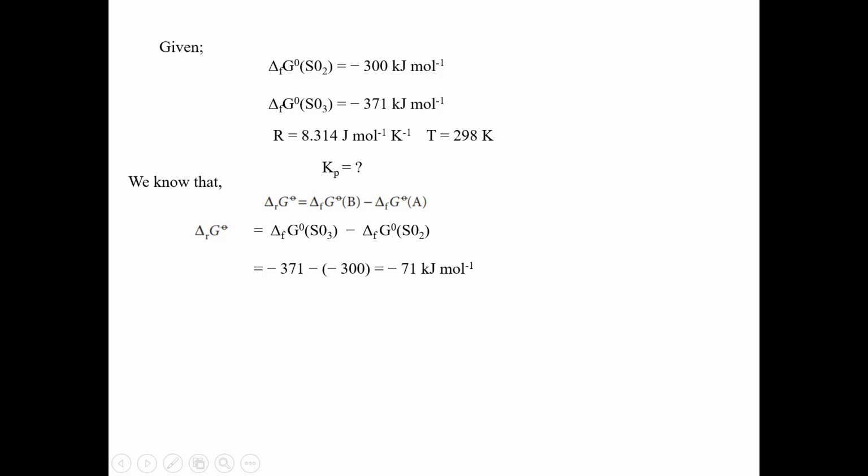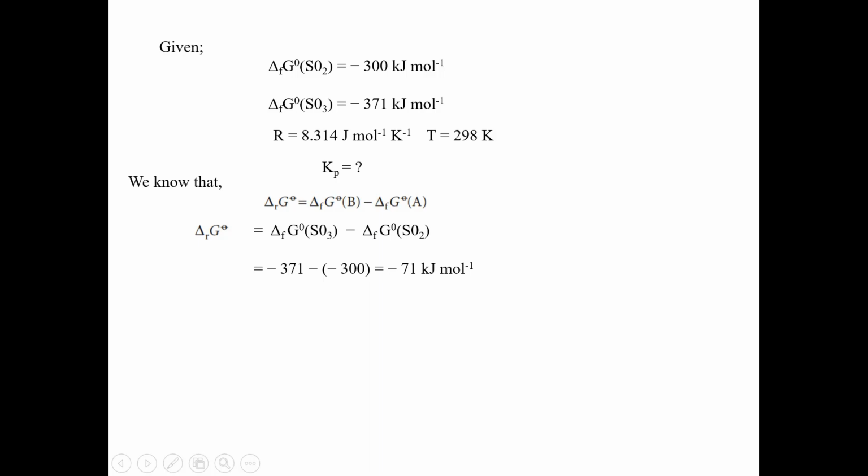So, we know that the standard molar Gibbs energy of the reaction is equal to the standard molar Gibbs energy of formation of product minus standard molar Gibbs energy of formation of reactant, which becomes equal to delta fG0 SO3 minus delta fG0 SO2, which is equal to minus 371 kilojoule per mole minus minus 300 kilojoule per mole.